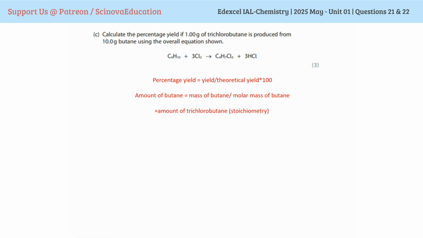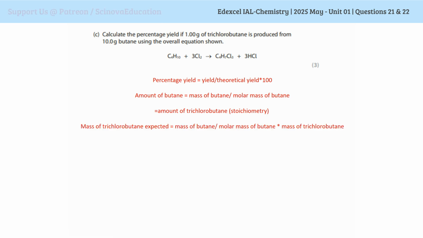Before applying the values, you should understand that this amount of butane is equal to the amount of chlorobutane expected. The expected amount of chlorobutane to be formed according to stoichiometry is equal to amount of butane. It is a 1 to 1 stoichiometric ratio.